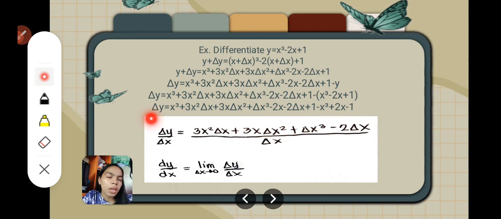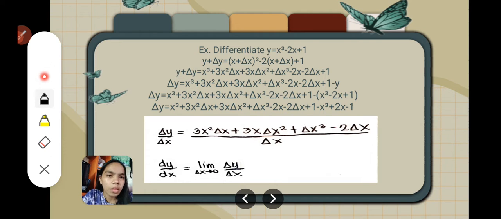So the answer will be delta y equals x cubed plus 3x squared delta x plus 3x delta x squared plus delta x cubed minus 2x minus 2 delta x plus 1, and negative multiplied by x cubed will be negative x cubed, negative multiplied by negative 2x will be positive 2x, and negative multiplied by positive 1 will be negative 1.